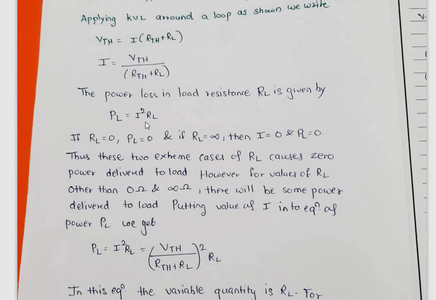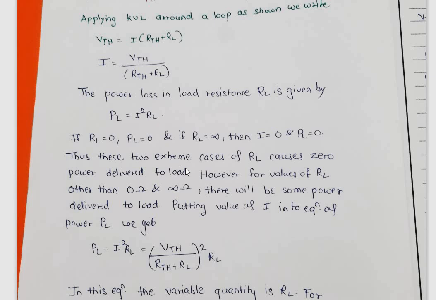When the load resistance is very small, the voltage drop across it will be very small, and therefore it will not be able to produce sufficient power, so the power is approximated to 0. And when the load resistance is very high, it will not allow a significant current.